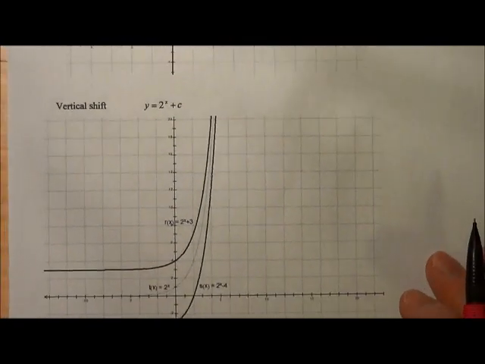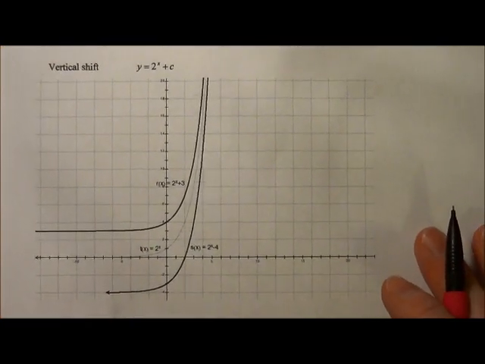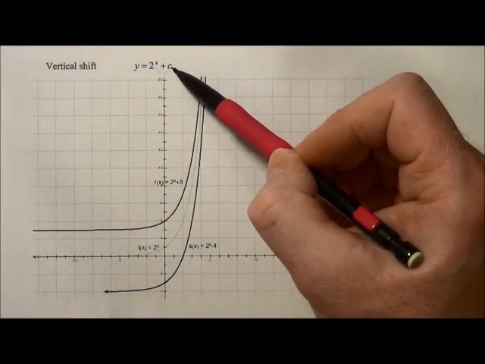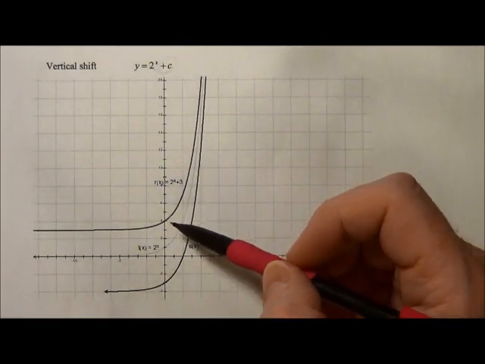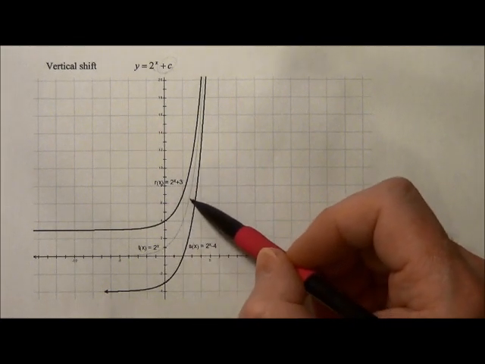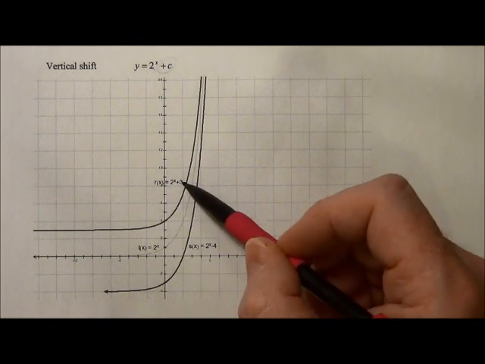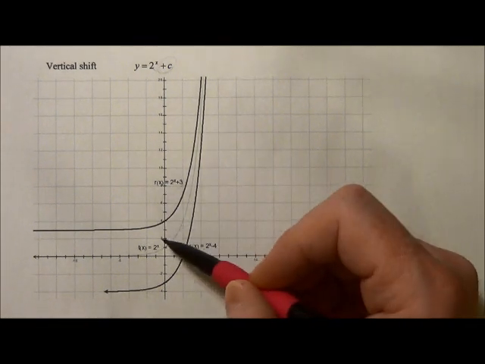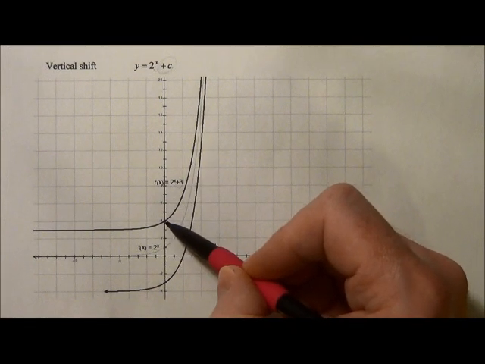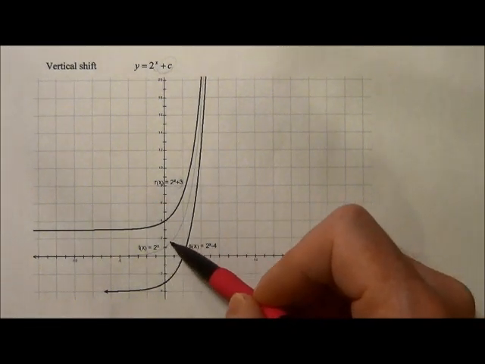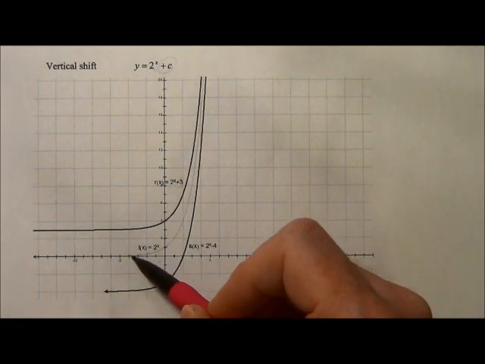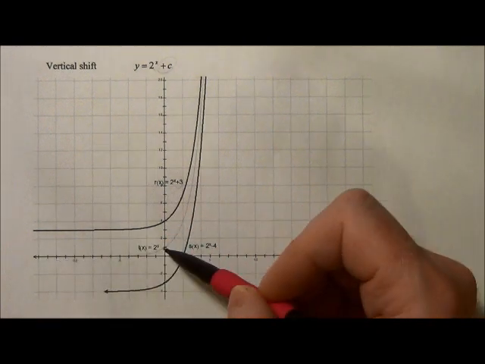Moving to vertical shifts or vertical translations, as they're called, we've got the c value being added to the base function. And so here's the base function here, y equals 2 to the x, this lighter function here. When we're adding 3 to that, this y-intercept of 1 becomes 4. As we proceed along with the original function over towards -infinity, we see that it approaches a horizontal asymptote of y equals 0.